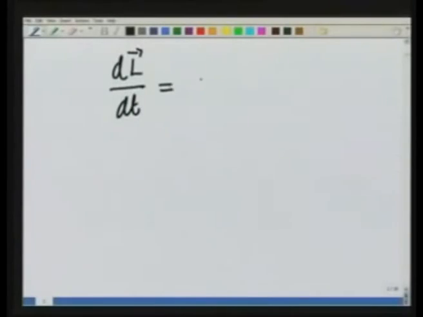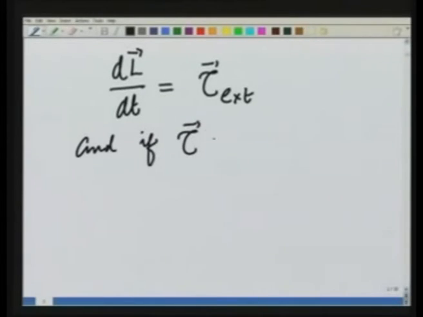We also saw that if dL over dt is equal to tau external, and if tau external is 0, this implies that L, the angular momentum, is going to be a constant.